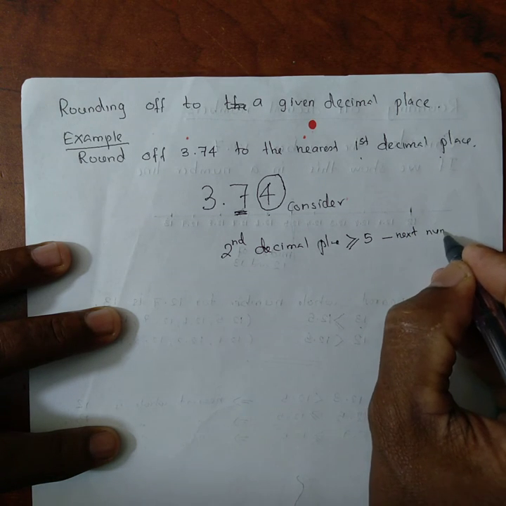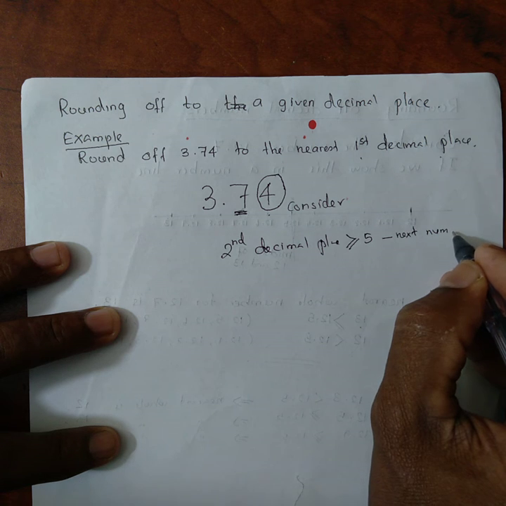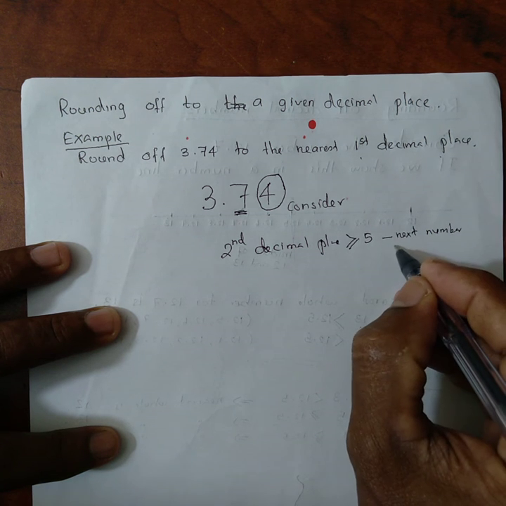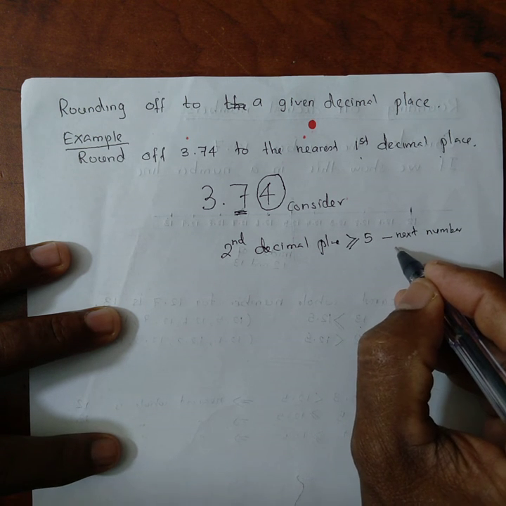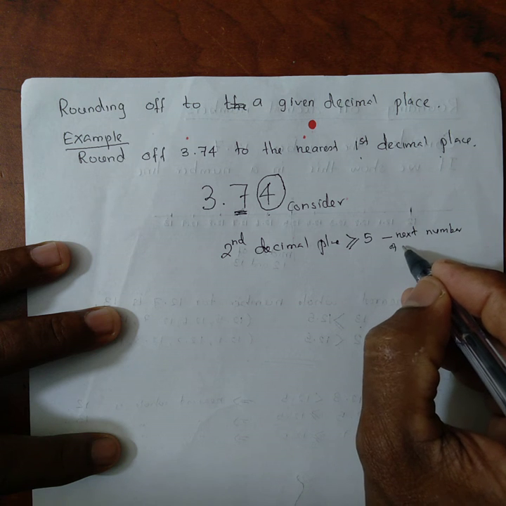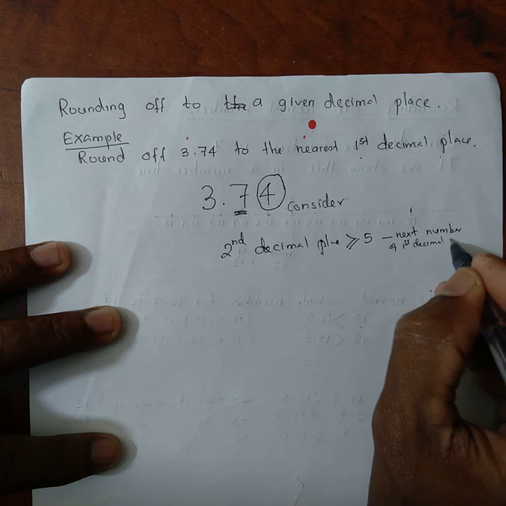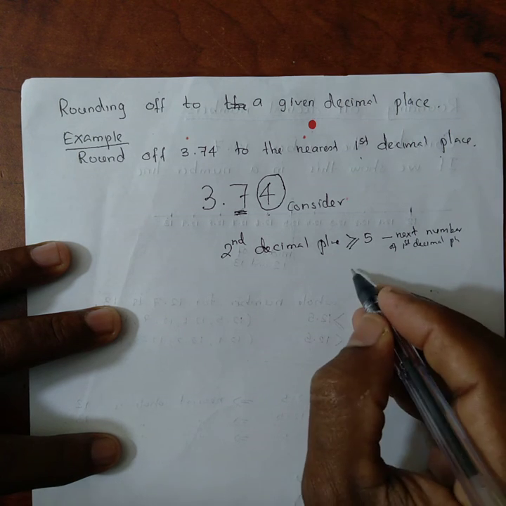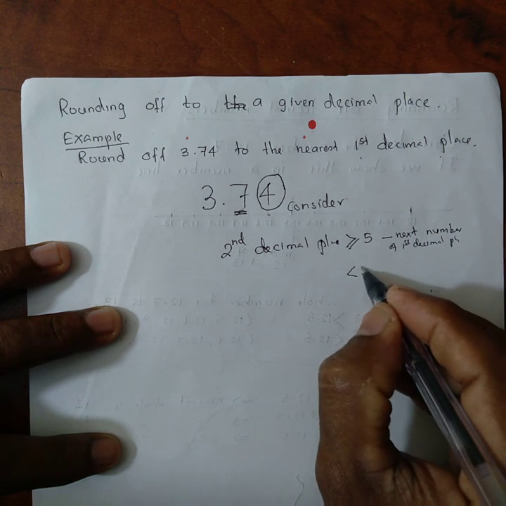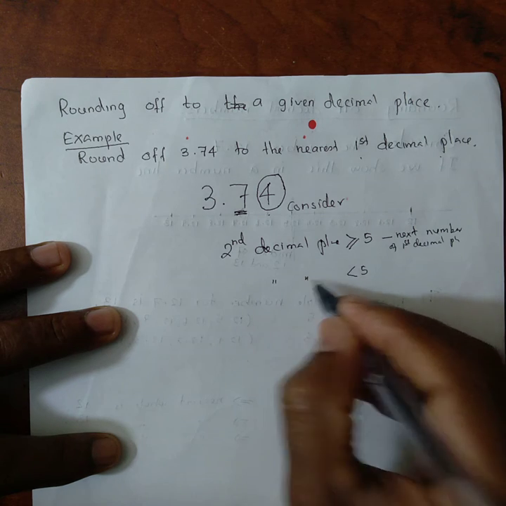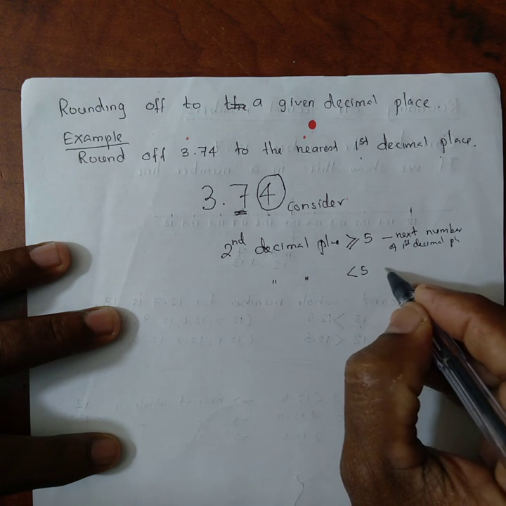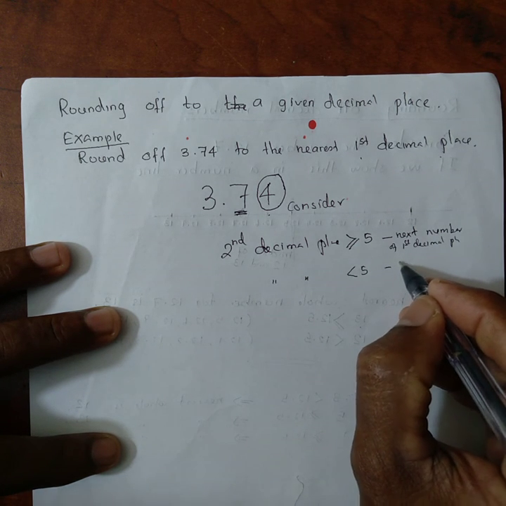If the second decimal place is less than 5, then you should go to the same number.